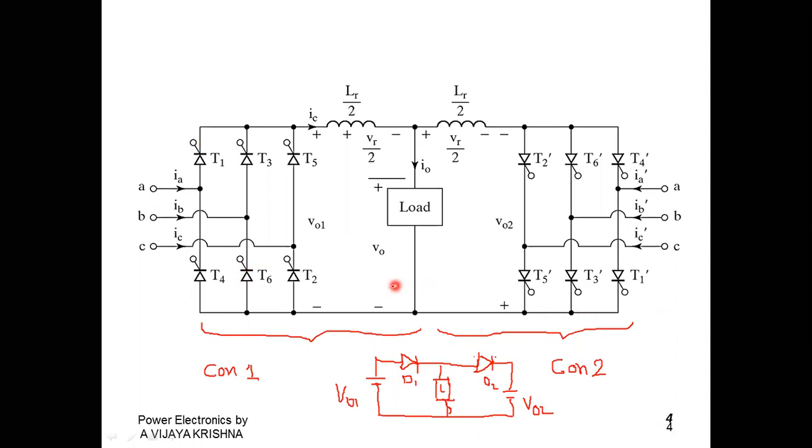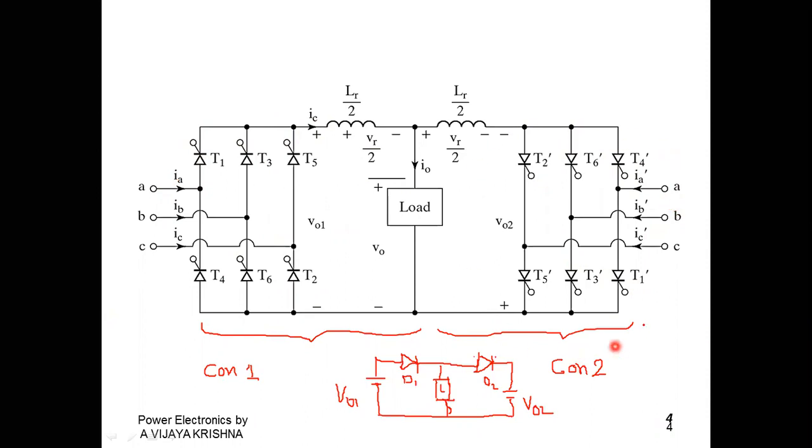The firing angles of both the converters are controlled in such a manner that their average output voltages are equal in magnitude and have the same polarity. This can happen only if one converter is operating as a rectifier and the other as an inverter. Converter 1 circuit is operating in the rectifying mode of operation, and converter 2 circuit is operating in the inverting mode.